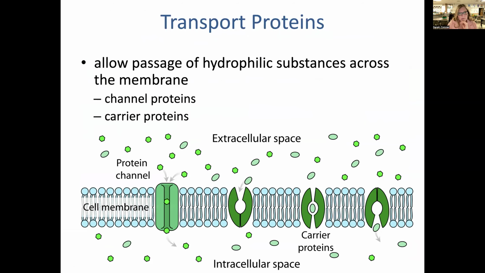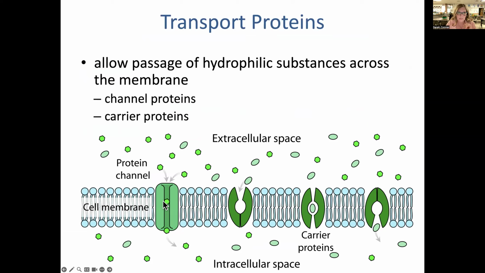Those transport proteins can be a channel protein or a carrier protein. Channel proteins basically allow things to move back and forth from the extracellular space to the intracellular space, which is outside of the cell versus inside of the cell. Those are usually hydrophilic substances moving across the membrane. So you have two different types.